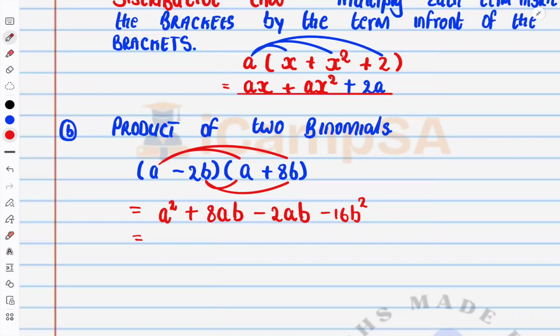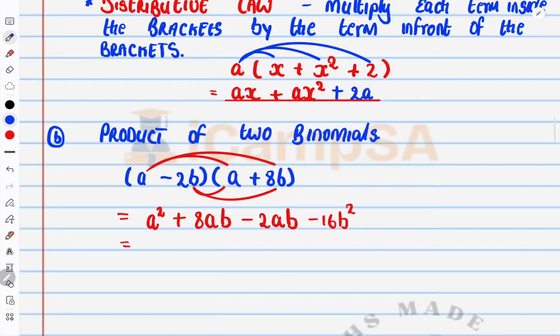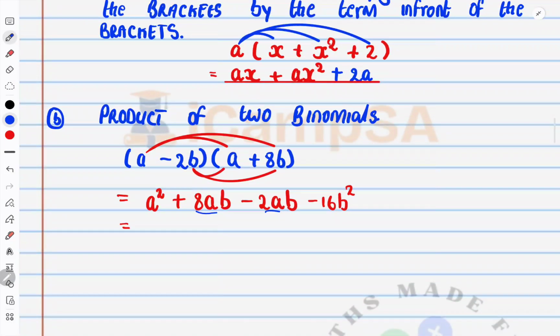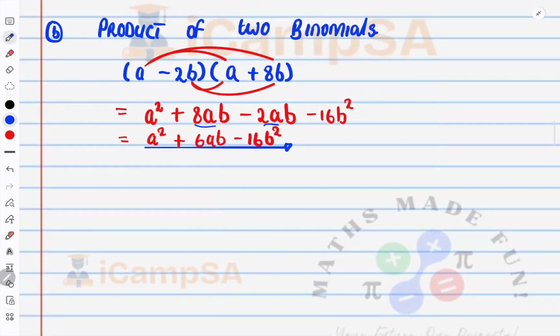Now we have two like terms which we can add. Finally our expression would be: a squared plus 8ab minus 2ab, which is 6ab, minus 16b squared. So that is how we multiply two binomials.